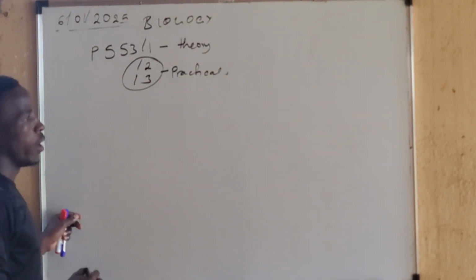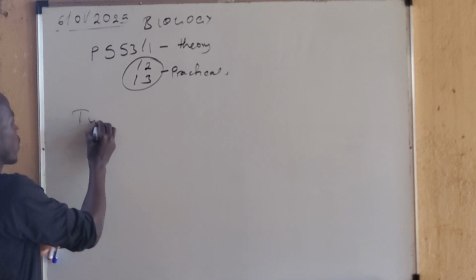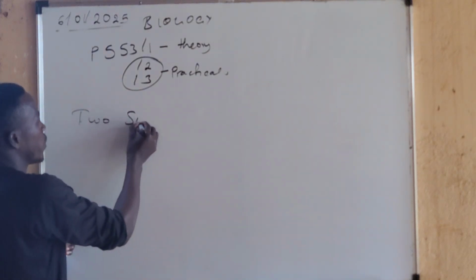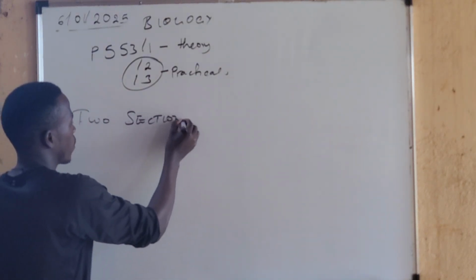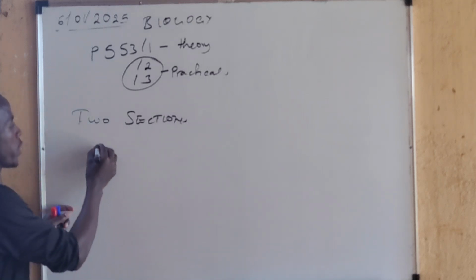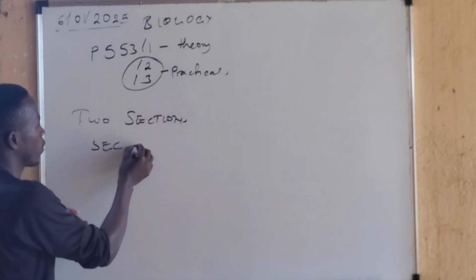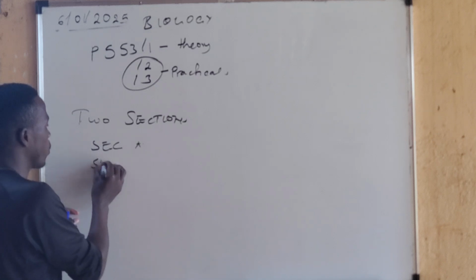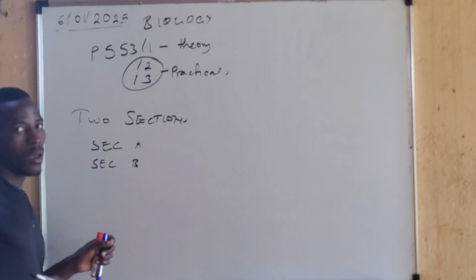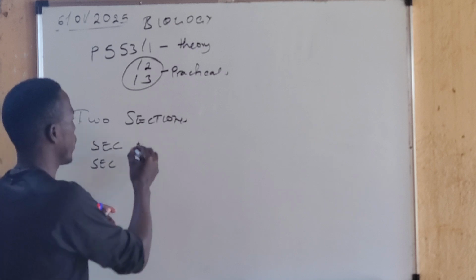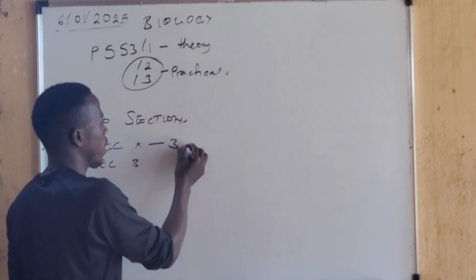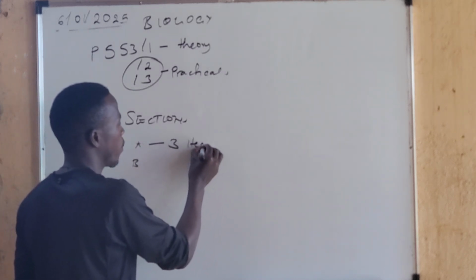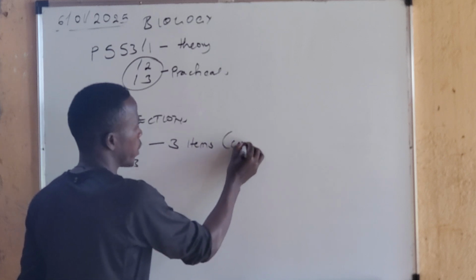Biology paper 1 has got 2 sections: section A and then section B. Section A has got 3 compulsory numbers or items.